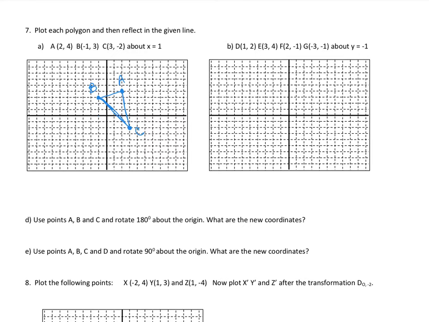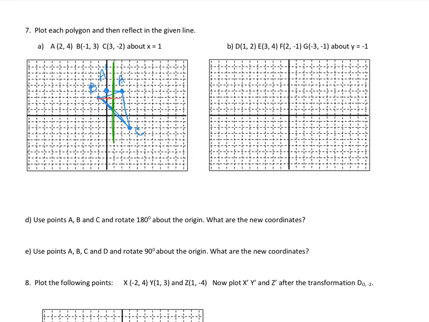And I'm going to reflect it about the line x equals 1. The line x equals 1 is right there. That's the line in green. That's x equals 1. So I need to find the distances. That distance is 1, so I'm going to go 1 the other way. There's A prime. The distance here for B, this distance is 1, 2 from my x line.